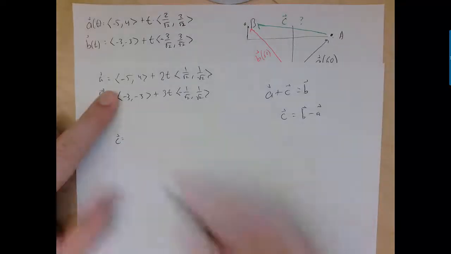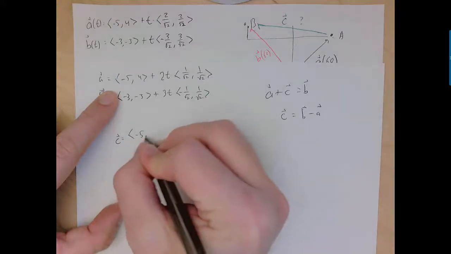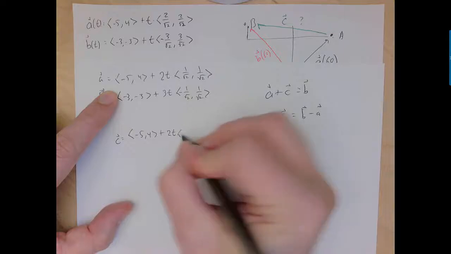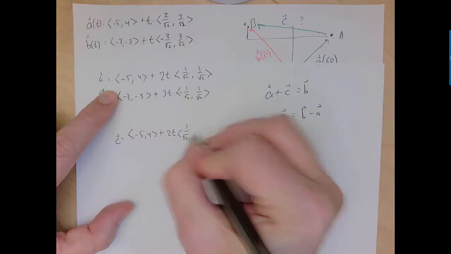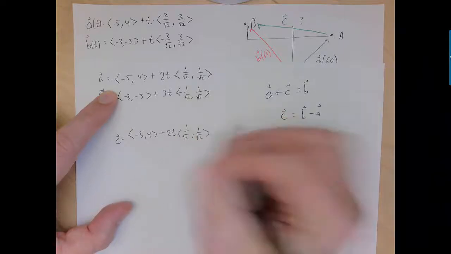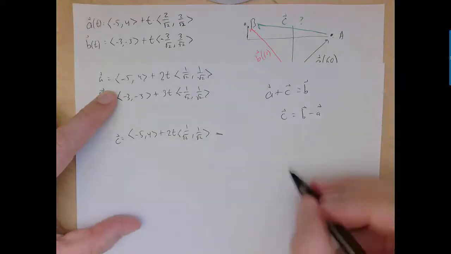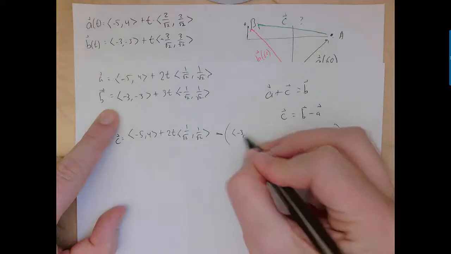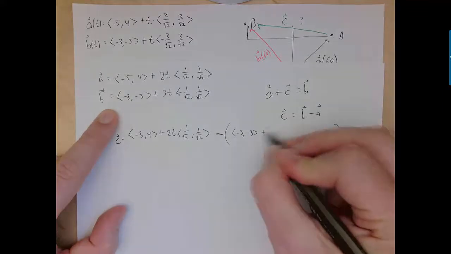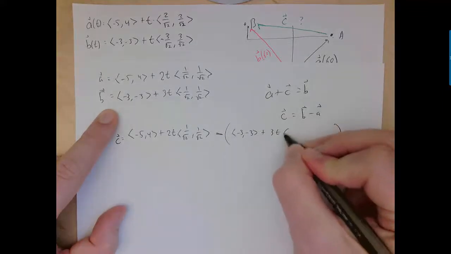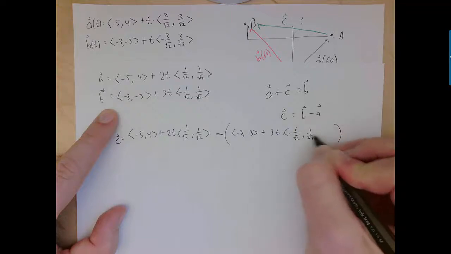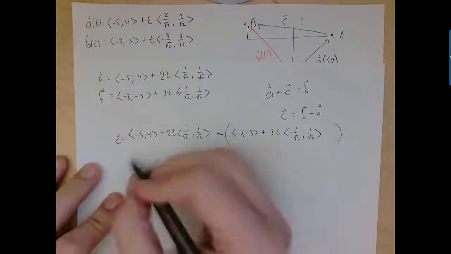So a is going to be negative 5, 4 plus 2t times 1 over root 2, 1 over root 2, minus b, which is negative 3, plus 3t times negative 1 over root 2, 1 over root 2. Okay, let's simplify.